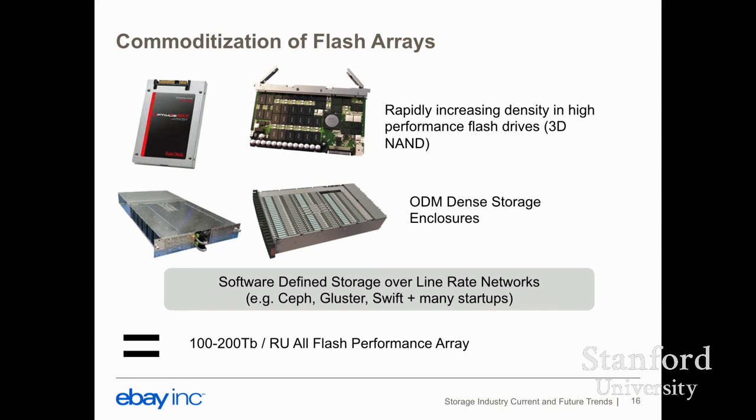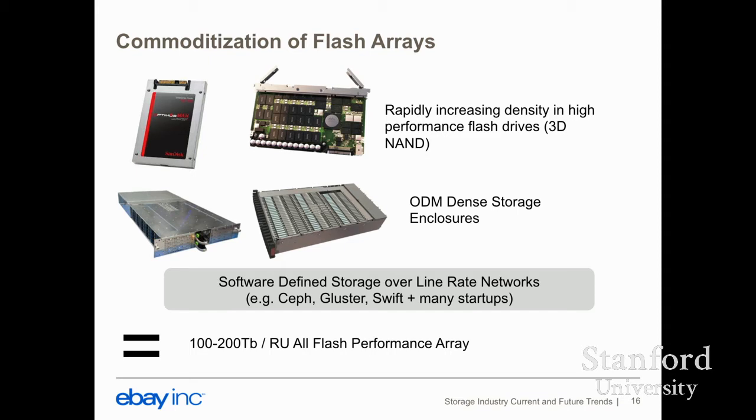Like this one on the bottom left here is a 62.5-inch drive 2U enclosure. There's actually even denser ones coming out. And the other one is a JBOF, this is the InfiniFlash product, that is 512 terabytes in 3U, which is probably one of the densest flash products out there.